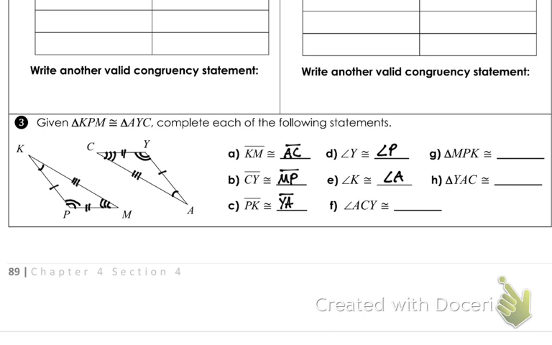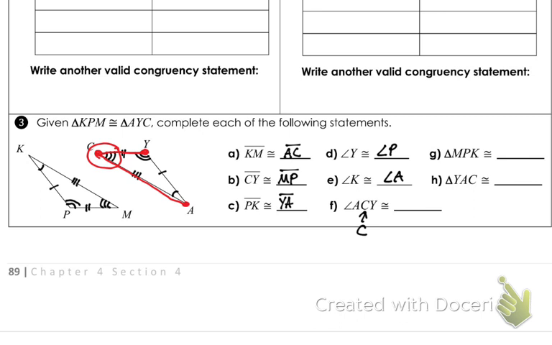Here's where I could throw it for a loop, though. ACY is still an angle. It's an angle where the vertex is C. So if I color in ACY, this can be a review for the semester exam too. ACY will be this angle right here.